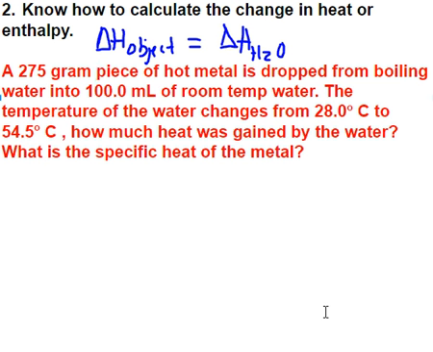So you have a 275 gram piece of hot metal. Drop from boiling water into 100 milliliters of room temp water.